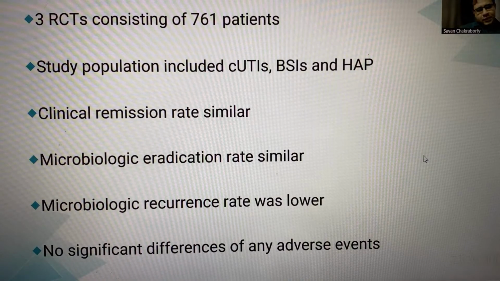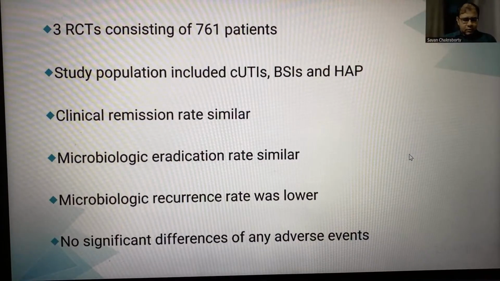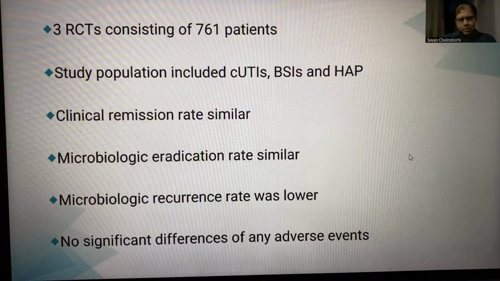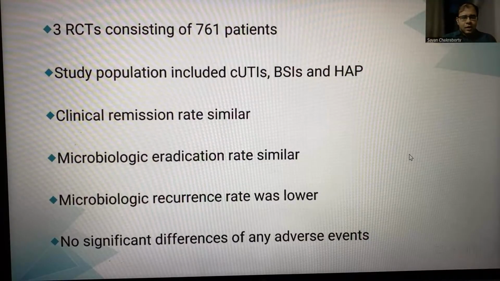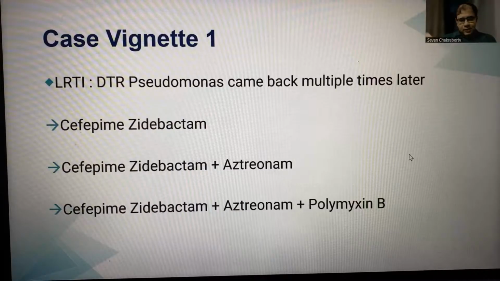The clinical remission rates were similar. Eradication rate was also similar. Microbiological recurrence was also lower, and there was no significant difference in adverse events if you compare plazomicin with other standard of care drugs or polymyxin. So this meta-analysis showed plazomicin is one of the drugs that can be used in DTR cases if it is susceptible. But you definitely have to check by E-strip whether it is susceptible or not.